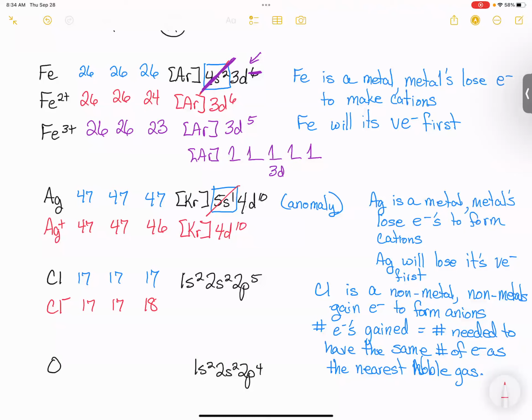And by only gaining 1 electron, it's going to have the same number of electrons as argon now. So its electron configuration becomes 1s2, 2s2, 2p6.